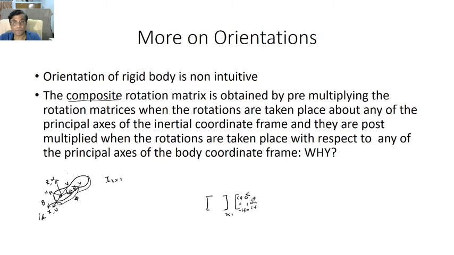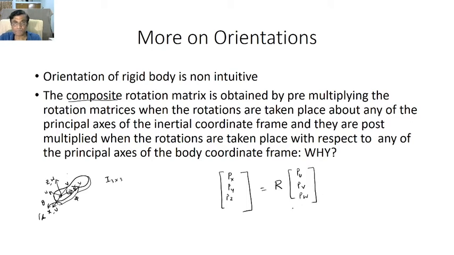Okay, so let us try to recapitulate from our first lecture on orientation, where we deduced the 3 cross 3 rotation matrix. Perhaps you have seen the description Px, Py, Pz was actually the rotation, then the description of any point on the body with respect to its body coordinate frame.